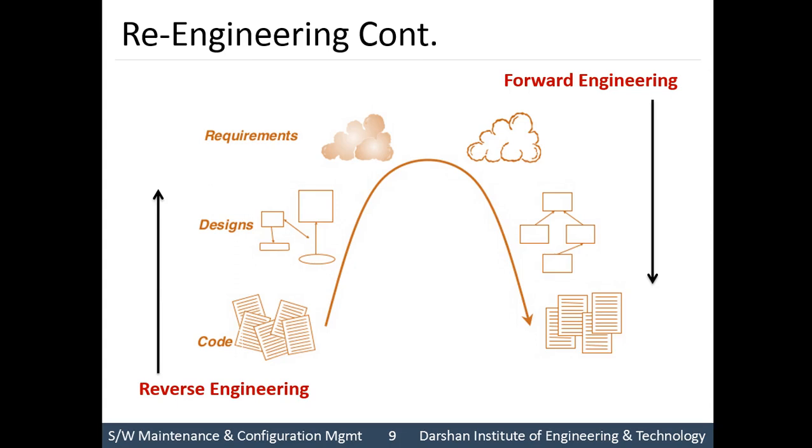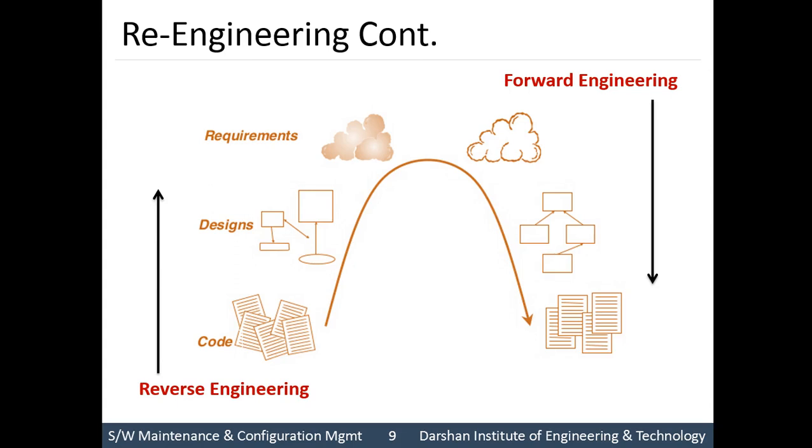Here on the right side, forward engineering starts with the requirements, but these are not only the requirements developed by reverse engineering; we are adding some new requirements, we are changing the data structure, we are changing many things in the requirements.